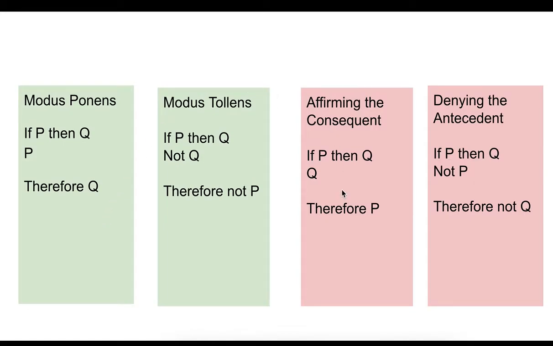The forms of argument in pink over here are fallacious, right? Fallacious just means attempting but mistaken form of argumentation. So just remember that every argument that takes the form of modus ponens or modus tollens will be valid, right? And every argument that takes the form of affirming the consequent or denying the antecedent will be invalid, right?